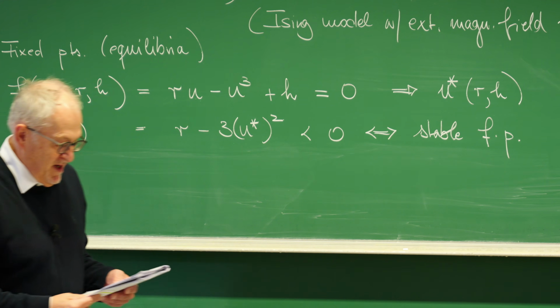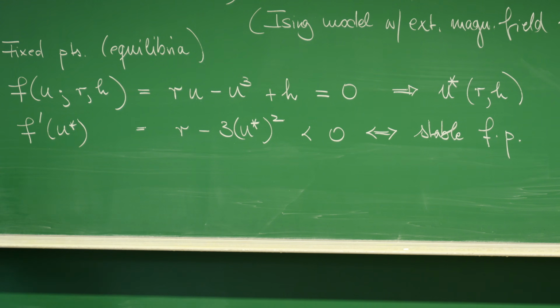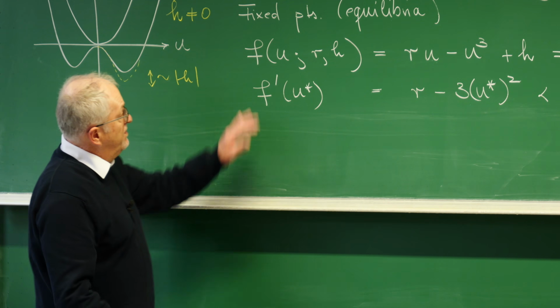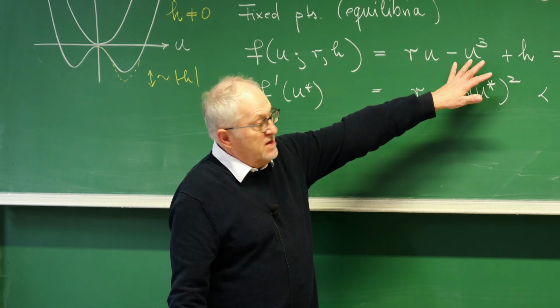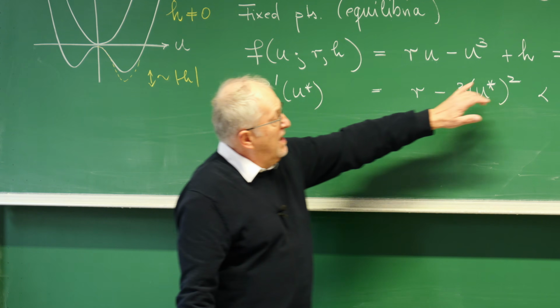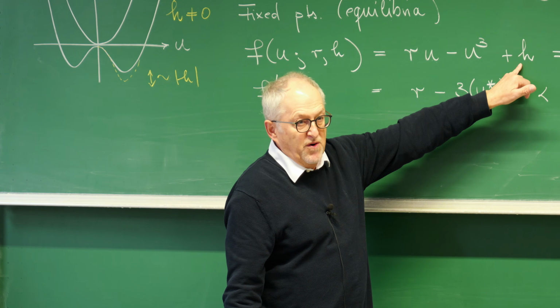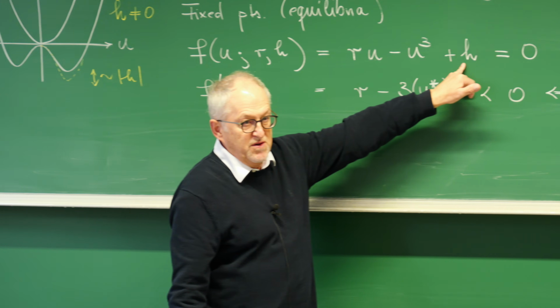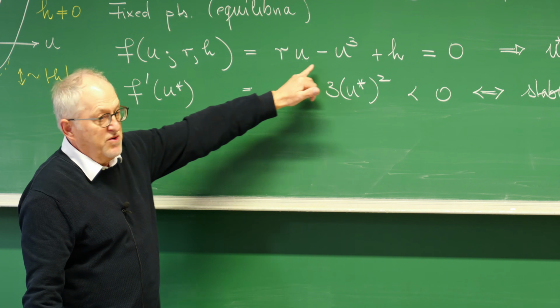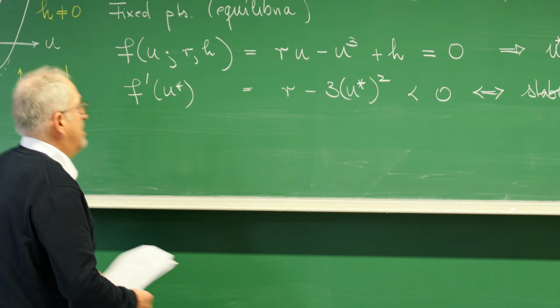Good, now let me draw this, and I'll use the slides for that. So if you look at that, then graphically you can construct the fixed points by saying I look at the intersection of a horizontal line given by h with this cubic that's given by r u minus u to the third.